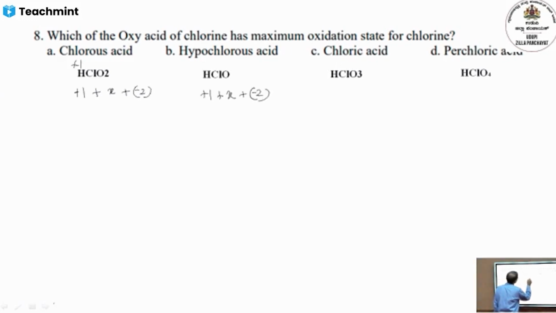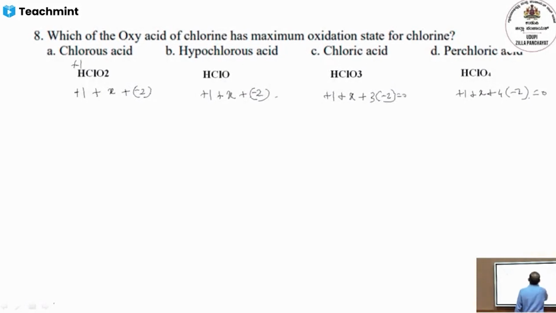And here it is +1 plus X plus 3 into -2. And here it is +1 plus X plus 4 into -2. All of which should be equal to 0. And therefore find out the X.